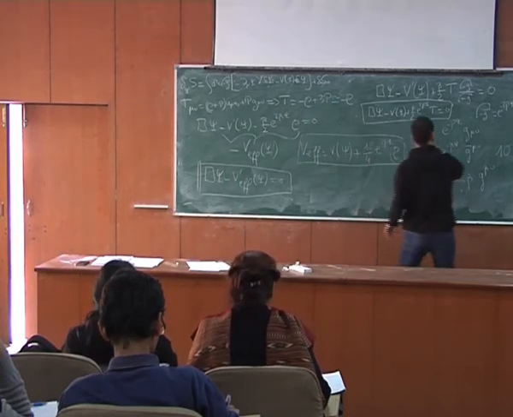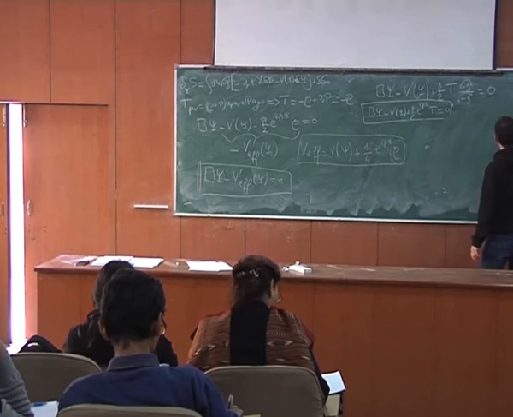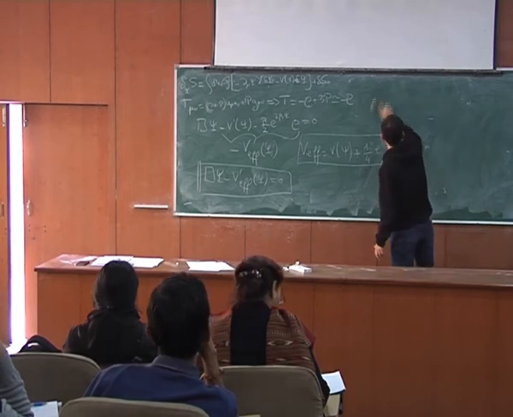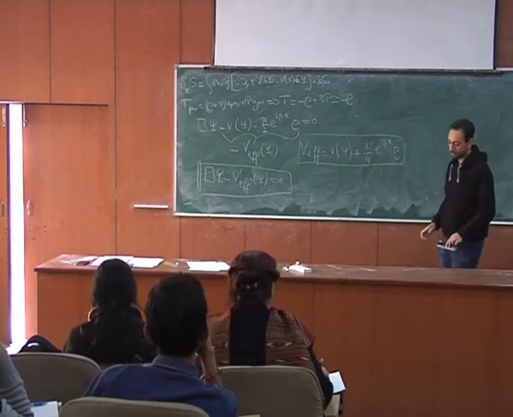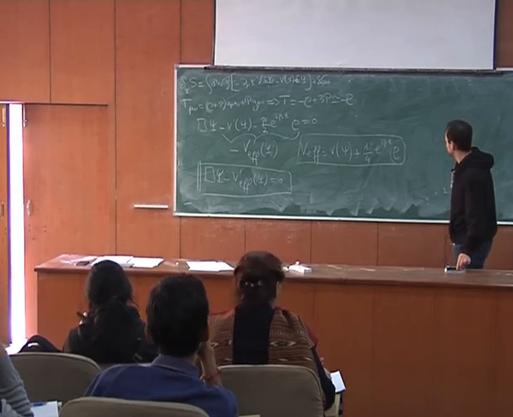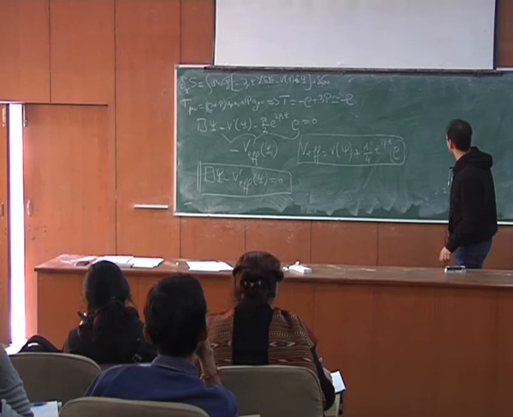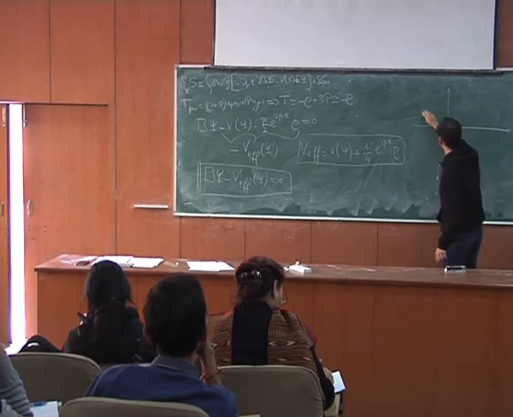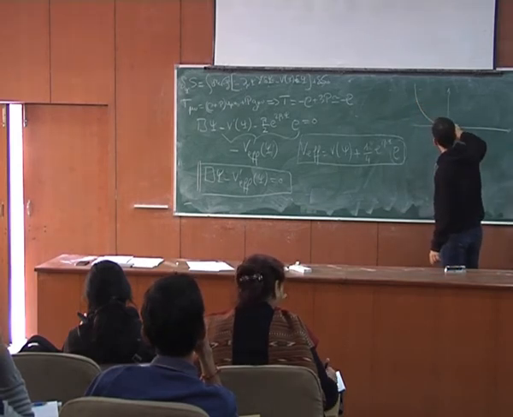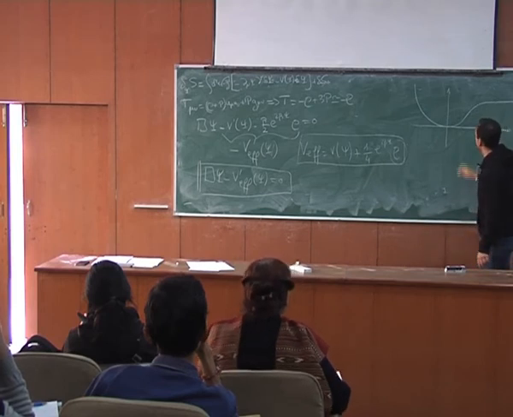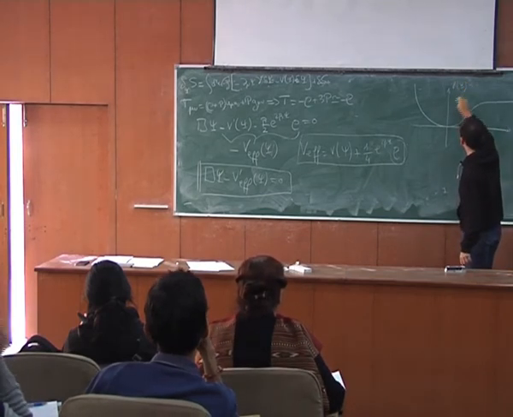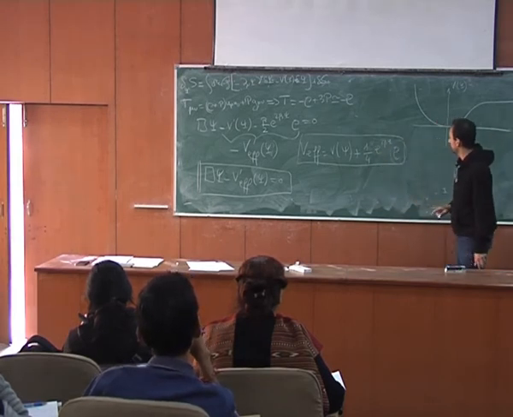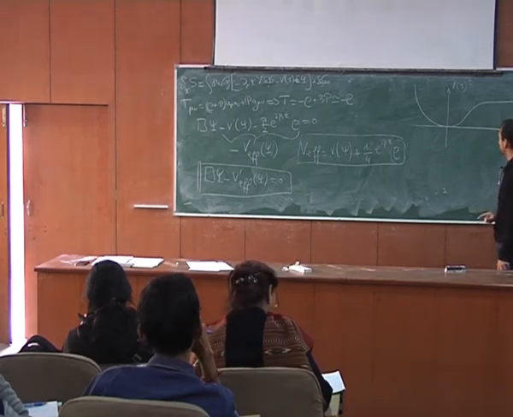So let me put the picture of it. Let us keep working with the Starobinsky model, for example. I had something like this. And then here it goes like that. That was the original potential we had. But then we need to add this actually exponential terms.